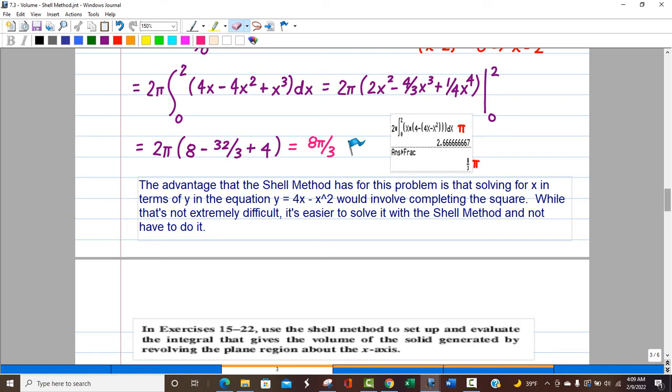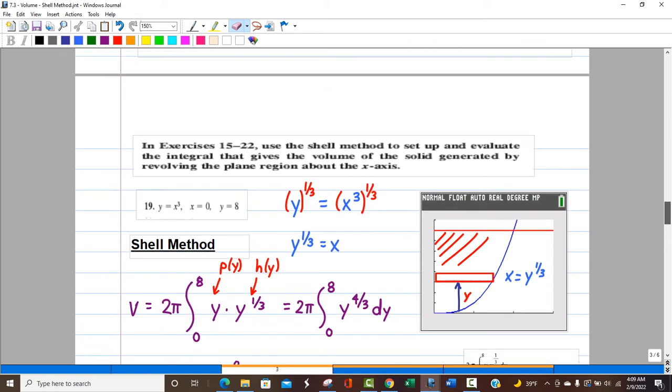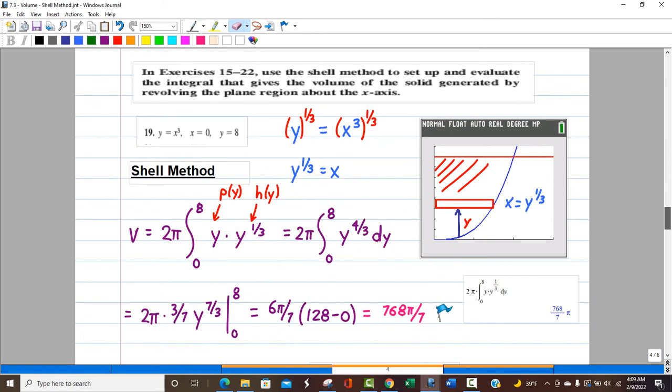All right. Here comes the x-axis. y equals x cubed, x equals 0, y equals 8. So there'll be that shaded region right here. All righty. The x-axis for the shell method means we are integrating with respect to the variable y.